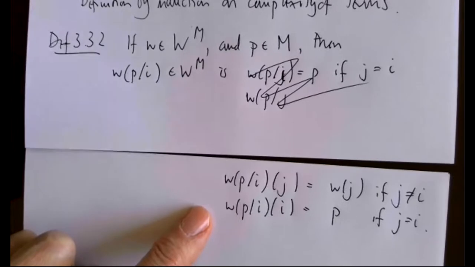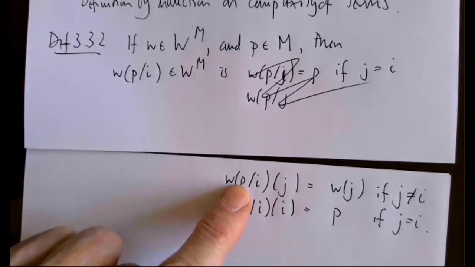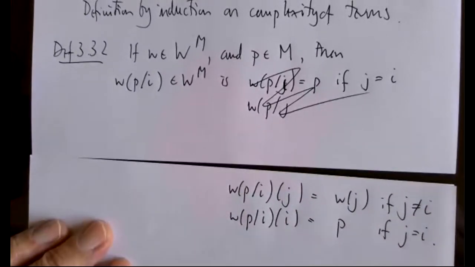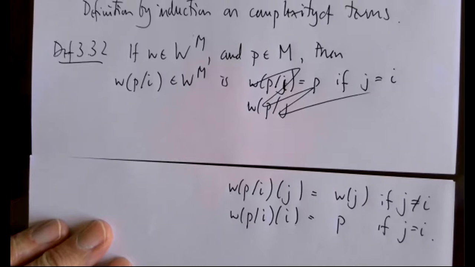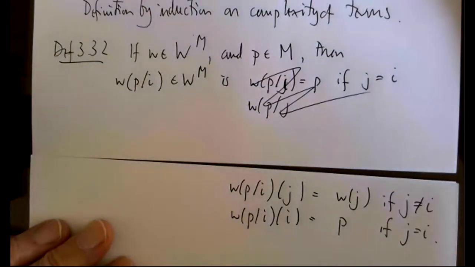It does exactly the same as what W does, except in the ith place, it's going to return P. Again, let's see an example on the next page.